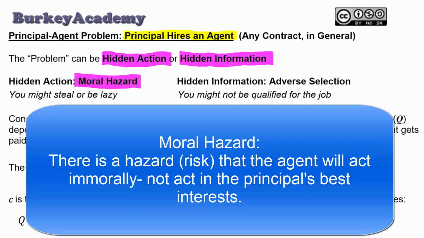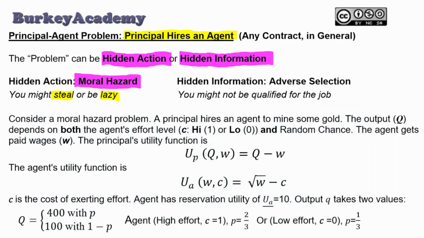So hidden action, moral hazard. For example, I might hire someone and I might be worried that because I can't watch everything that they're doing, they might steal from me or they might not work as hard as I expect them to. So I can't observe whether they're stealing, I can't observe whether they're being lazy or working hard, and so this is a moral hazard problem.